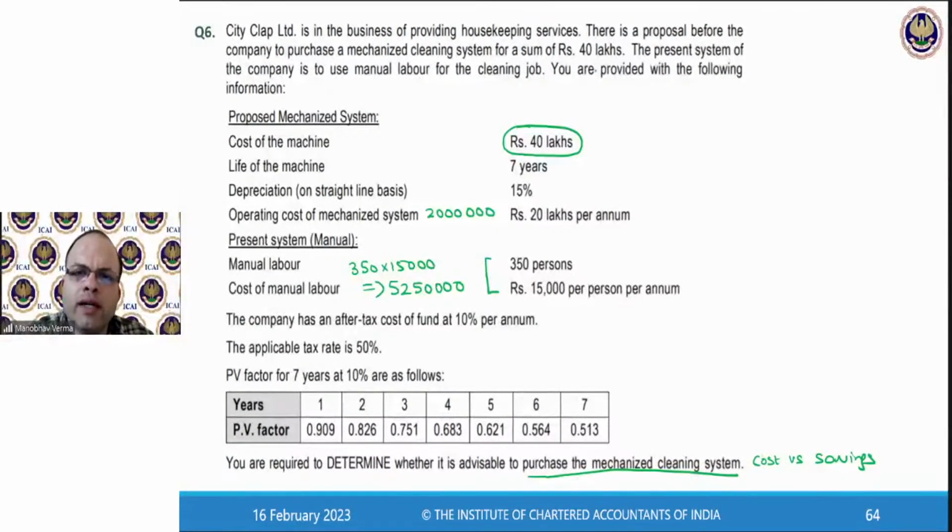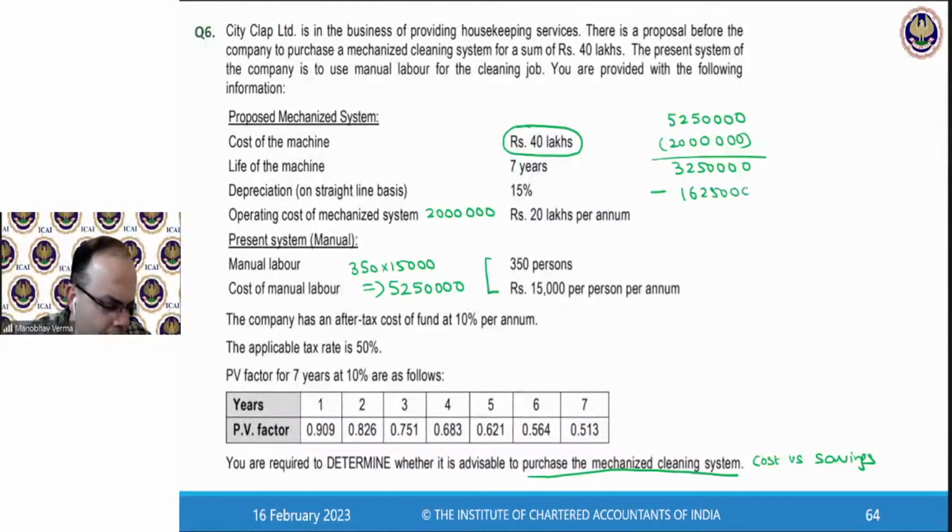Okay, what I'm trying to say here is that my present cost is 52 lakh 50,000. My new cost is 20 lakhs, so the saving is 32 lakh 50,000. There is a tax element of 50%, 16 lakh 25,000 tax.